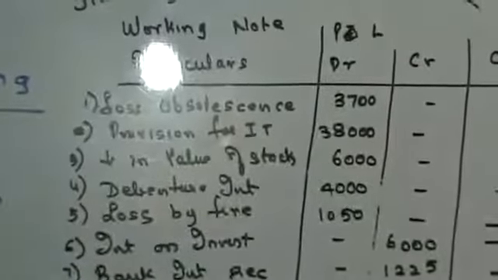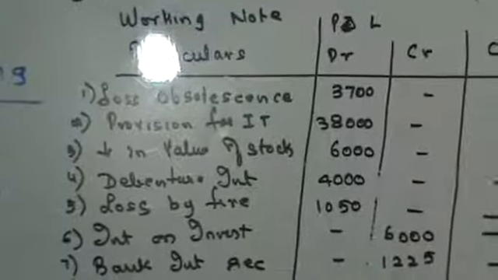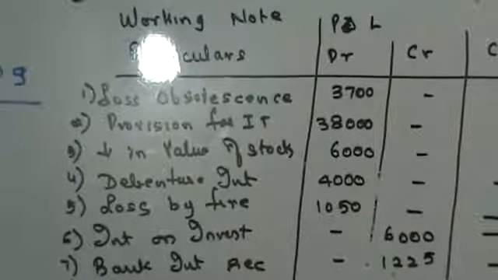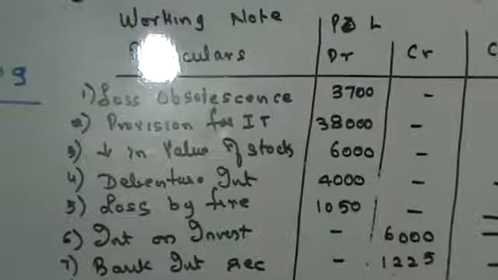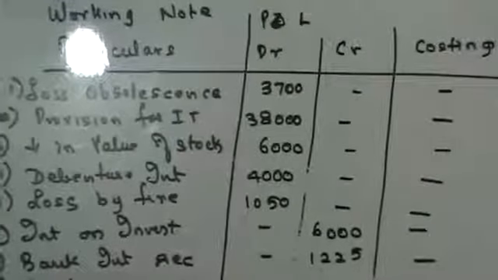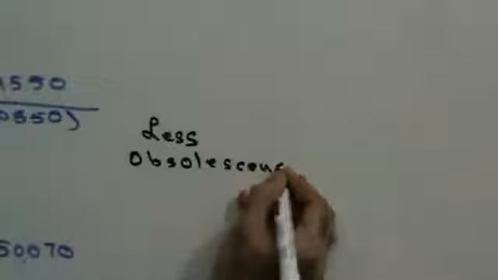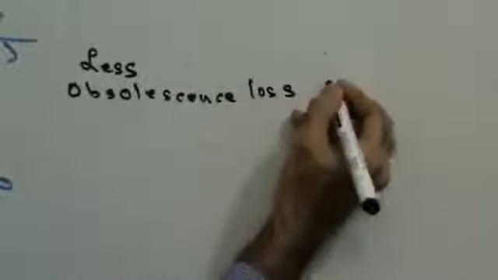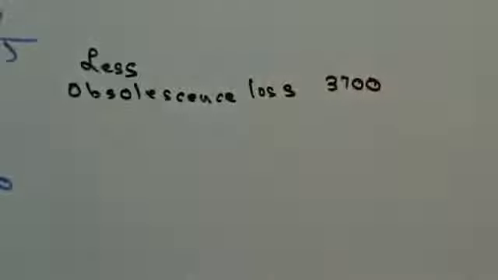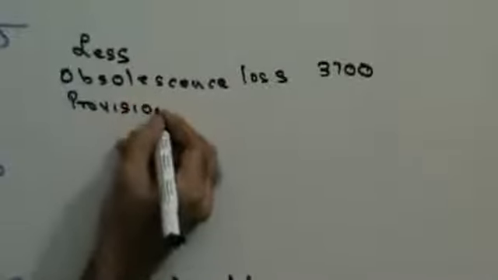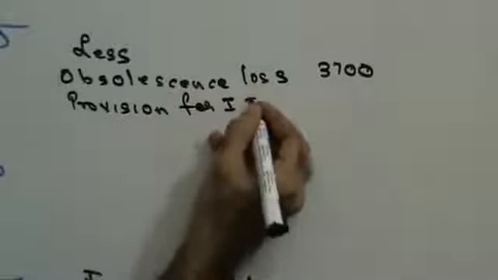You have to do it with respect to the costing account. Keep your finger on costing account and check whether the given figure is less or more. Right? So here, in the first case it is less. So you will have obsolescence loss, 3,700. Next, provision for income tax is also less. Provision for income tax is 38,000.